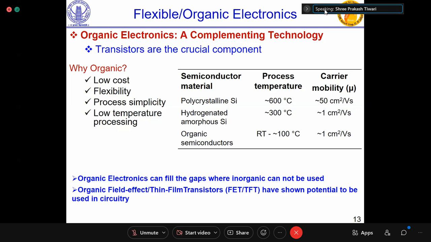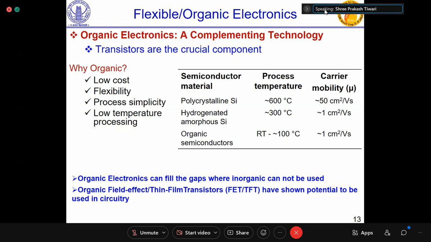On the other hand, organic semiconductors have shown the same numbers as amorphous silicon, and the processing temperatures are much lower, around 100 degrees centigrade or lower. That is one advantage organic semiconductors give for flexible electronics, which silicon doesn't.